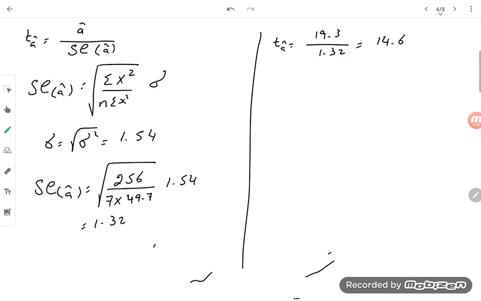From this we can conclude that we are going to reject H0, which states that the variable has no significant impact on Y, and accept H1, which means that there is a significant impact.